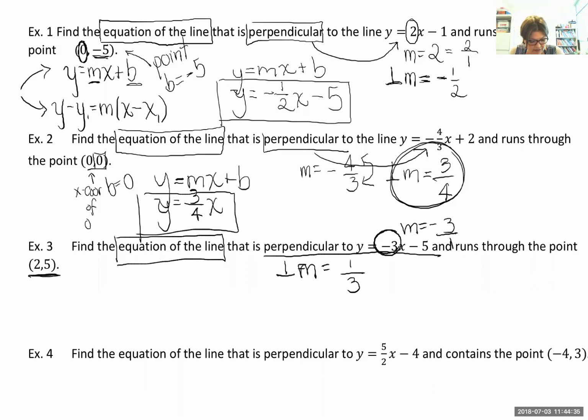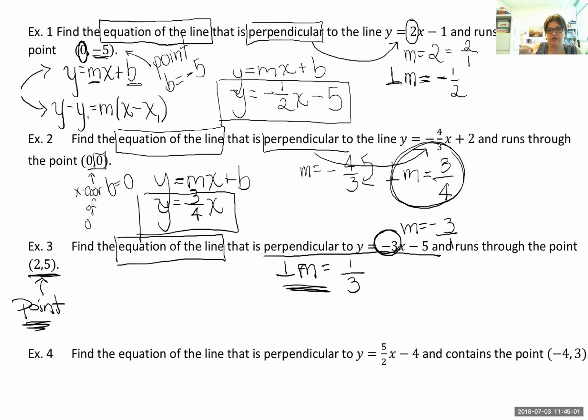Now, the second thing I've been given this time, is this point a y-intercept? No, it is not. Notice there's no 0 for the x-coordinate. And so this guy is just any old point, not the very special point of the y-intercept. And so I have a point and I have a slope. There are multiple ways to go here.